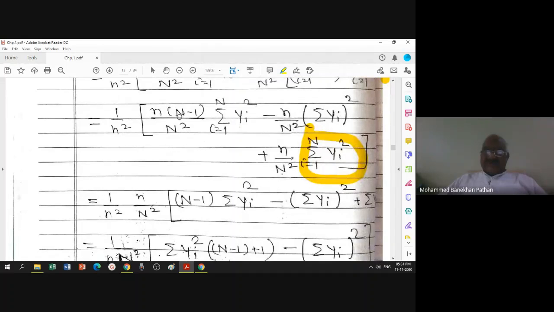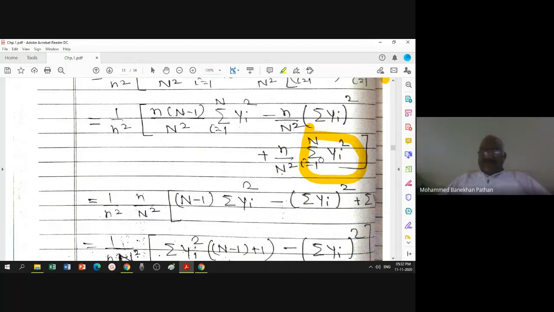because you can see easily this n by n square, this n by n square will be out and this n minus 1 will be balanced with sum of y square. This n by n square is out. So summation y square will be here and the rest part, sum of y square, will be balanced.